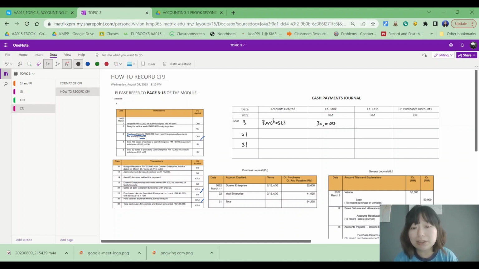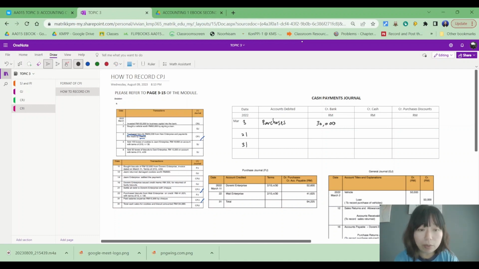If we are able to settle the debt within 15 days, we'll get 2% purchase discount. And we have to settle everything within 30 days. And the amount would be 52,600. Okay, itulah cerita yang berlaku sebelum ni. So kita berhutang kepada Dorani Enterprise for 52,600.